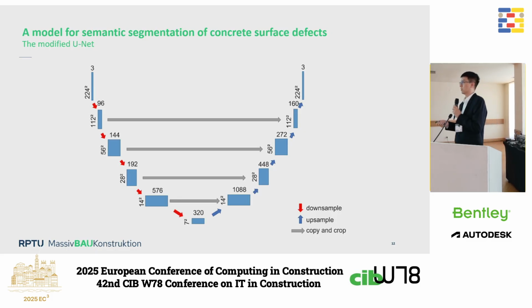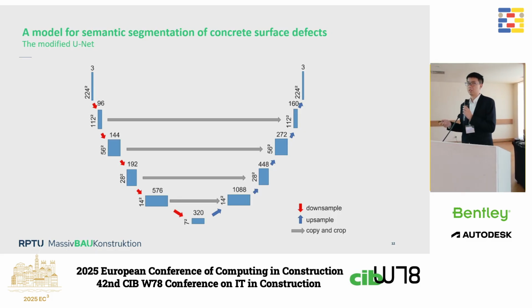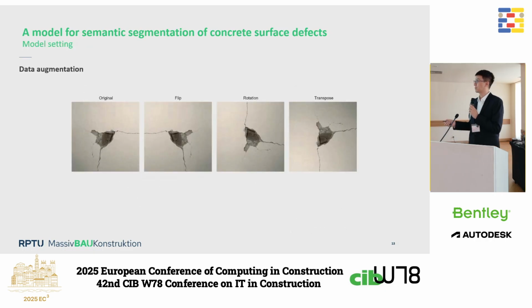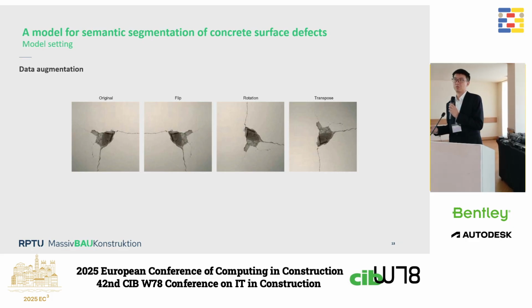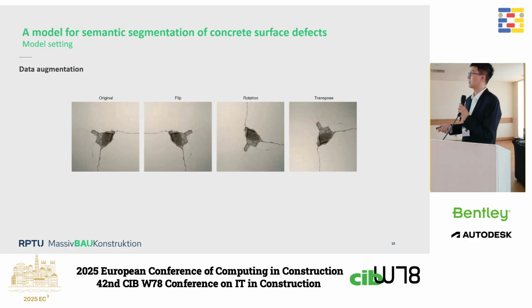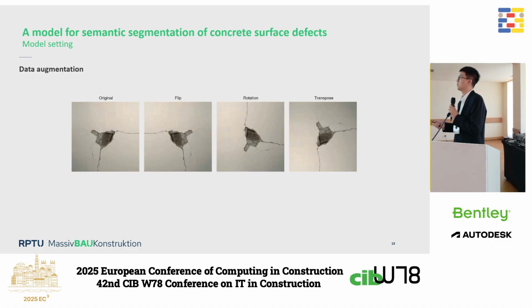The model is named UNet, but we made some modifications to make it clearer and easier to use. We also use data augmentation to create more image examples from the existing image data sets, through image transformations such as flip, rotation, and transpose.